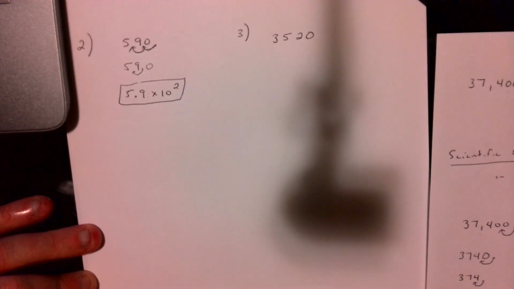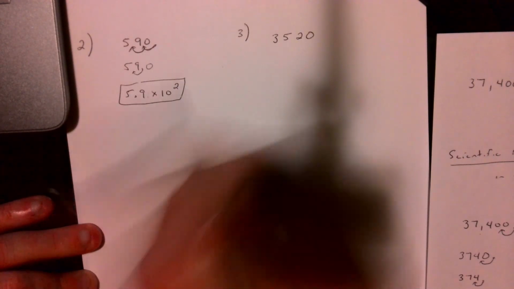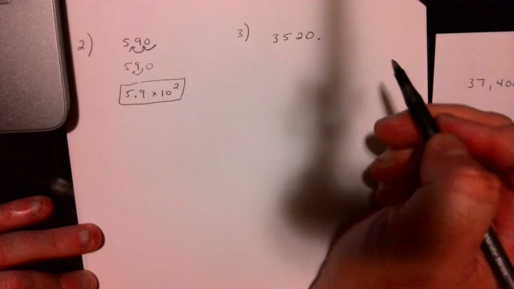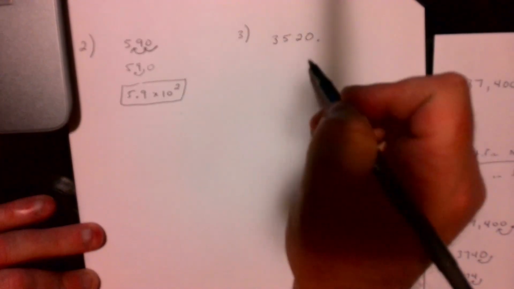Okay, I want you guys to try one real quick: 3,520. Hopefully you have paper and pencil out and try that. Turn that number into scientific notation. Okay, the decimal should start at the end, right? We need to make this number smaller, it's too big.